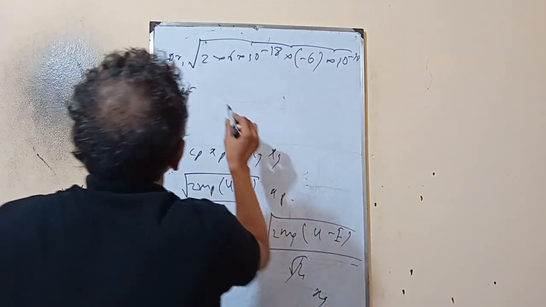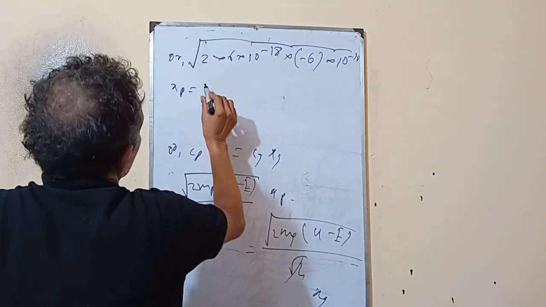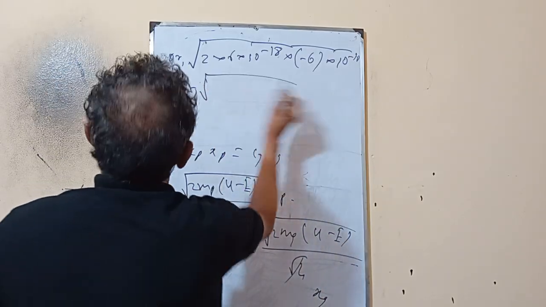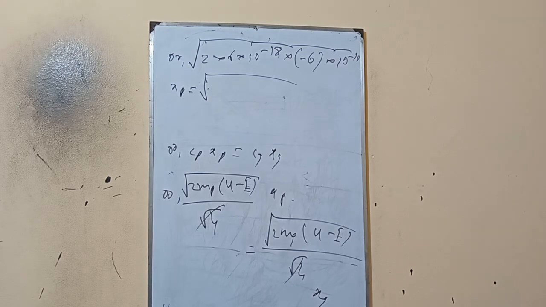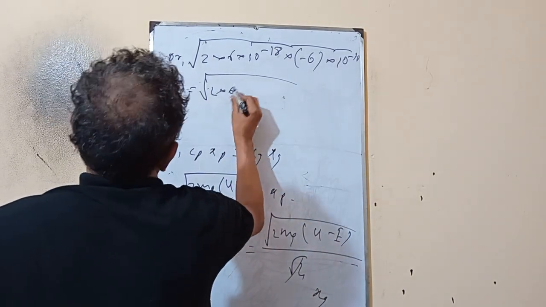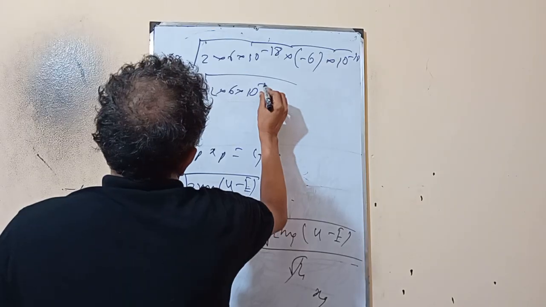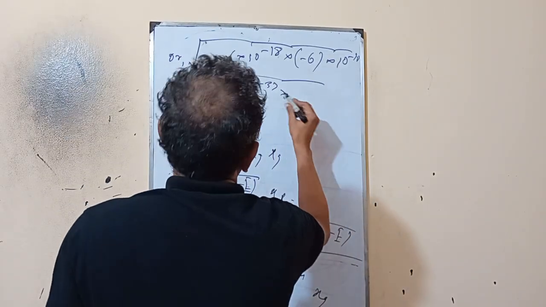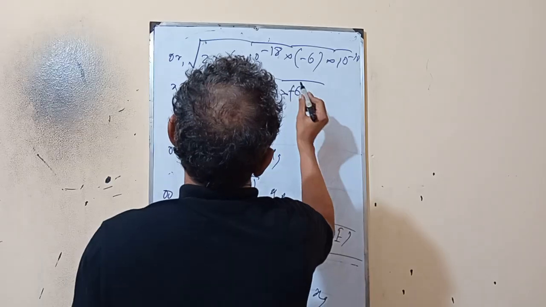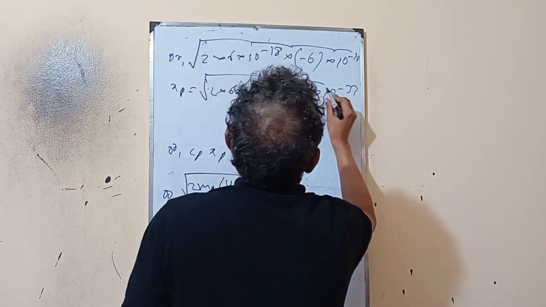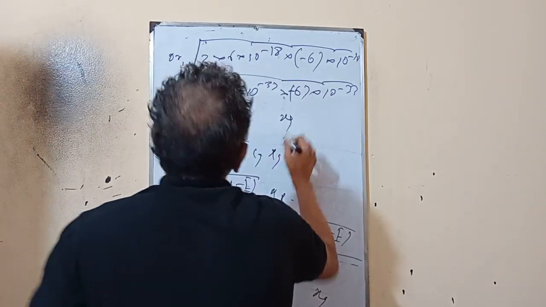Now XZ, for the 2 into 6 into 10 to the minus 33 and minus 6 into 10 to the minus 33 and XZ.